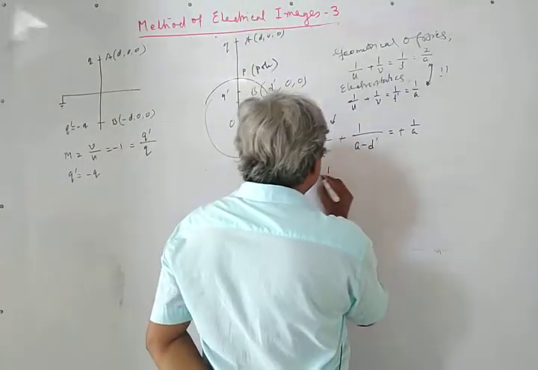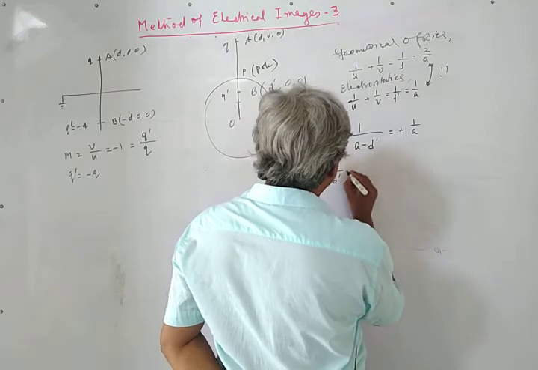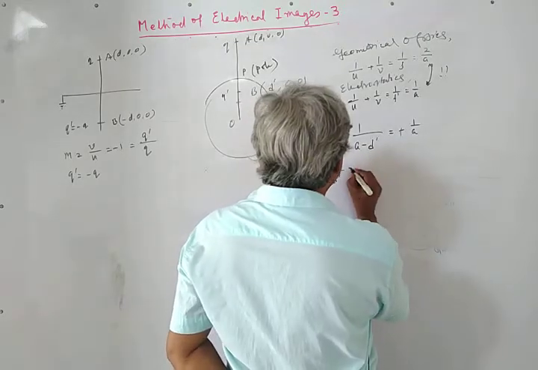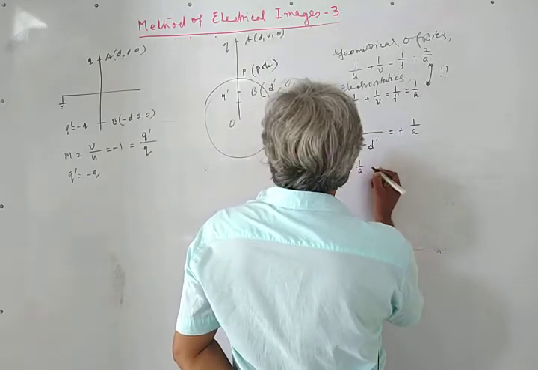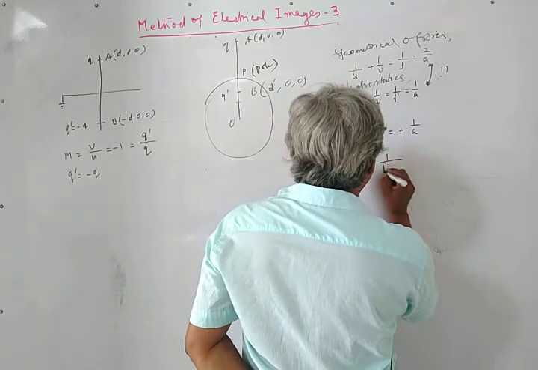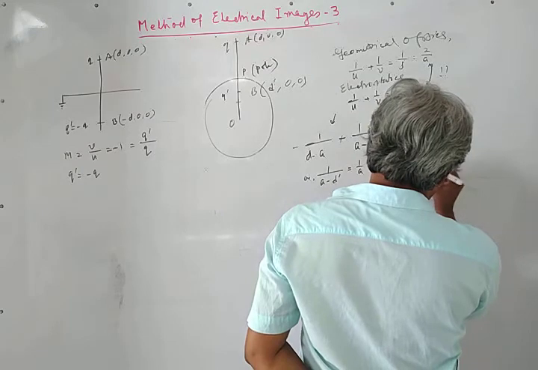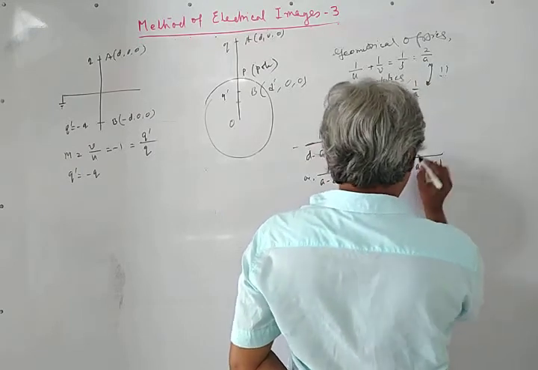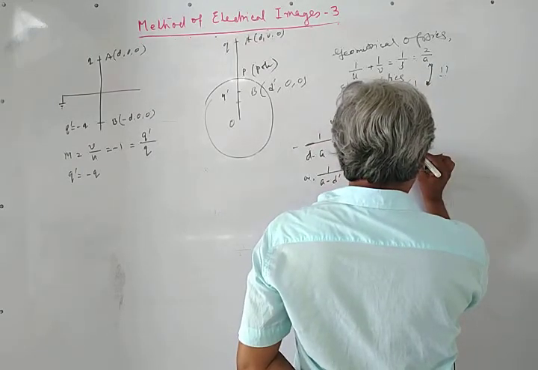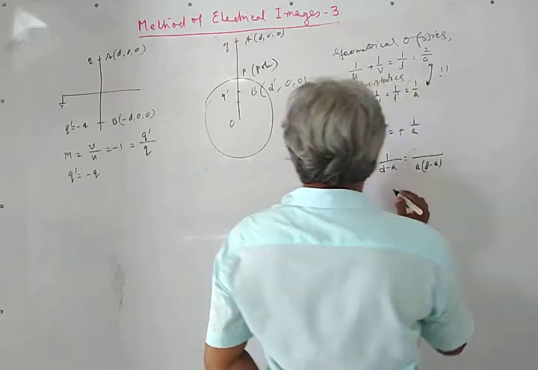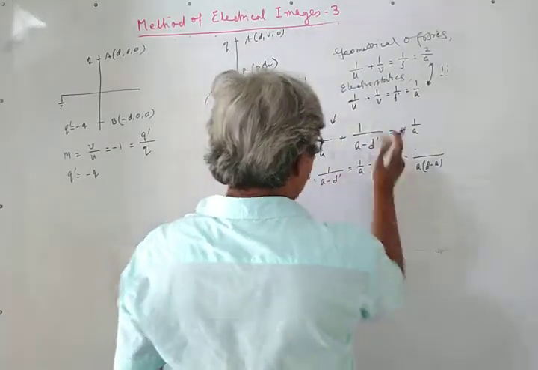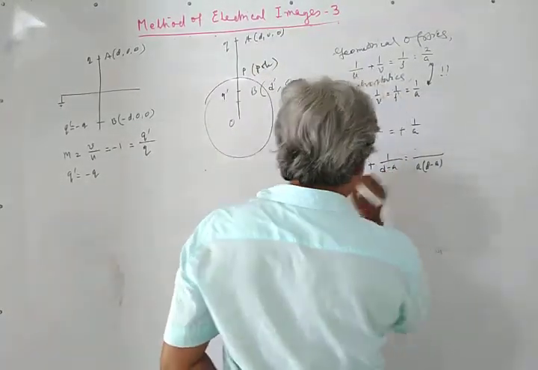So 1 by A minus D prime is equal to 1 by A minus 1 by D minus A. When this goes to the other side, this sign will be positive.